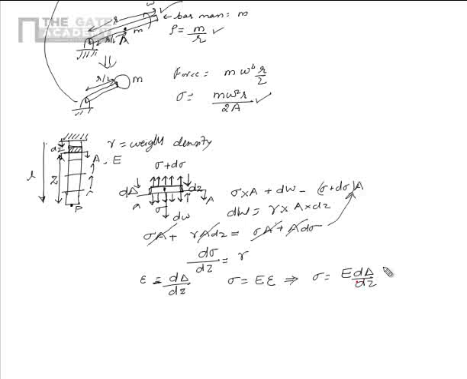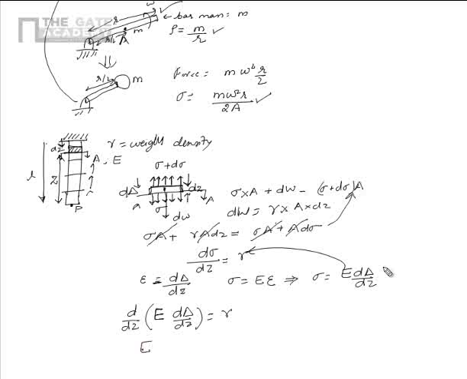Now we feed in this value of sigma here, and we get d by dz of E d delta by dz is equal to gamma. Now obviously this equation can be integrated.